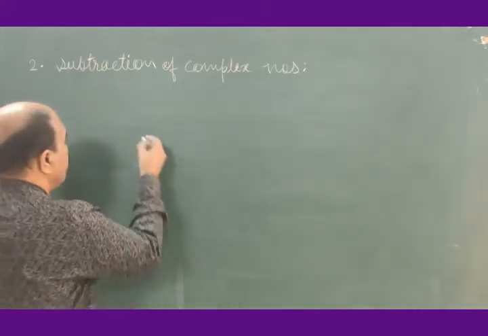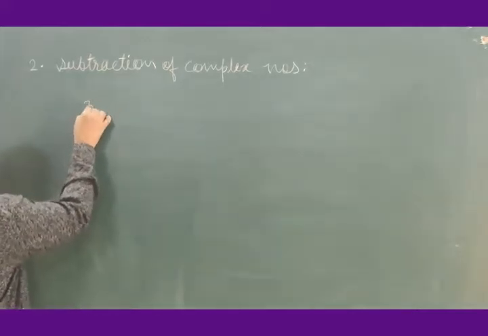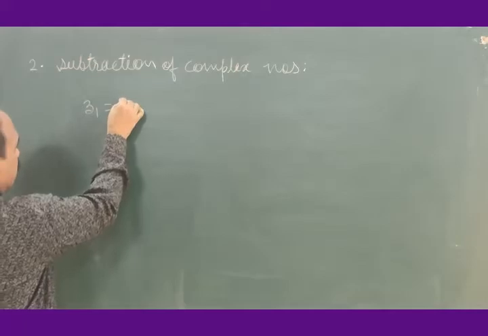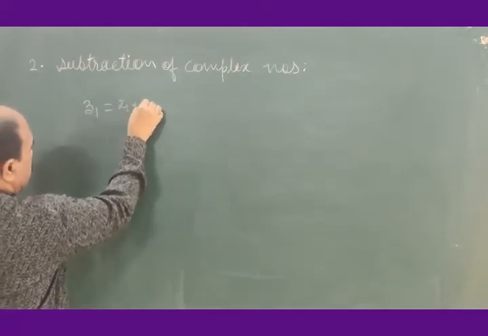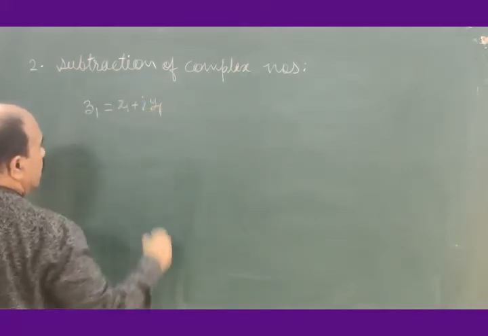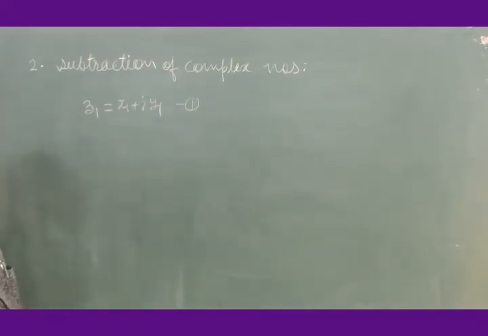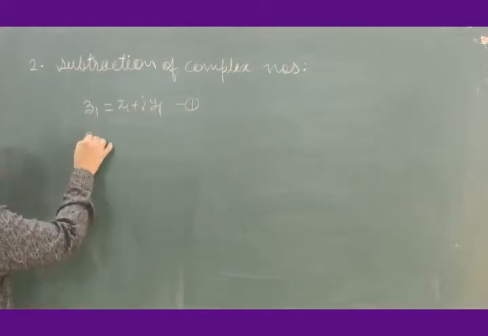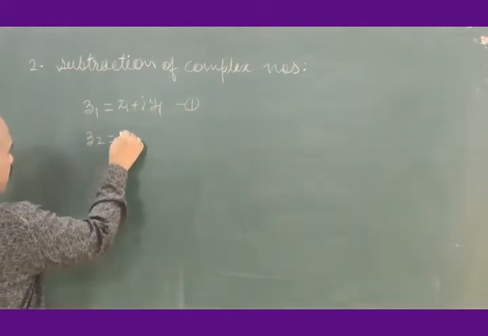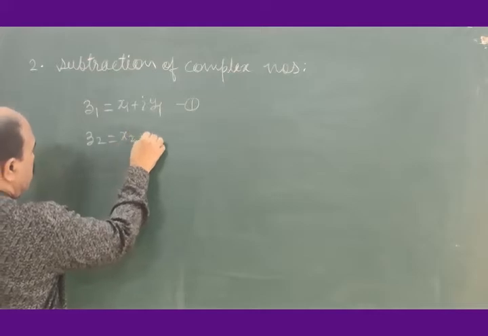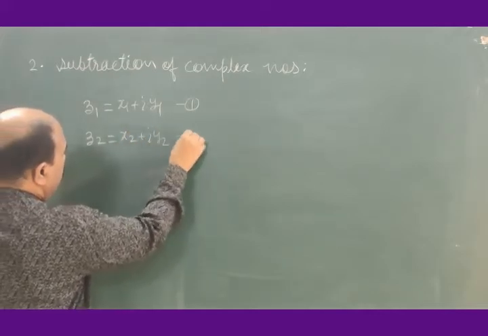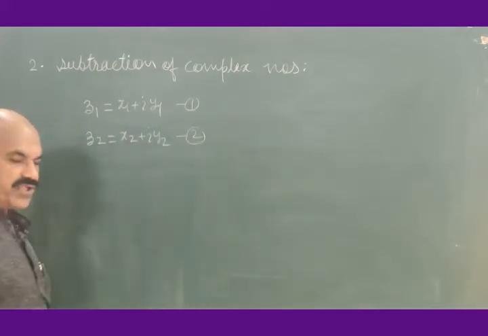For example, if Z1 is the first complex number given by x1 plus i y1, equation 1, Z2 is the second complex number given by x2 plus i y2, equation 2.